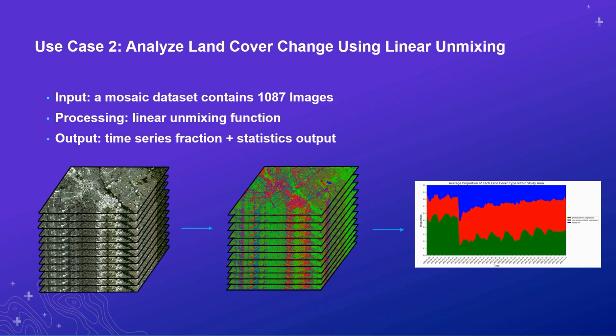But in this method, for each pixel, we calculate the percentage of each category in 1 pixel. So here we use a time series Landsat image, apply a linear unmixing function, and what we get as the output is a time series unmixing result and also the statistic output.